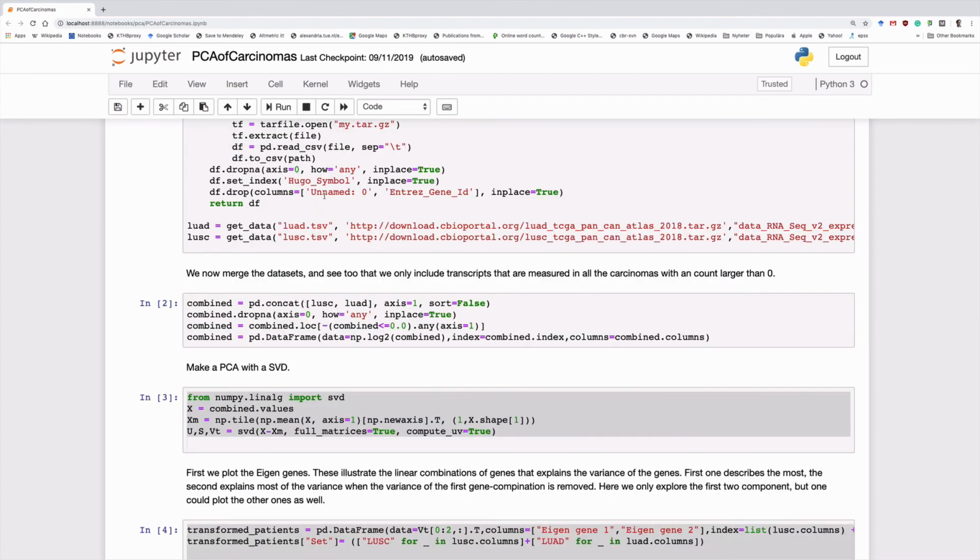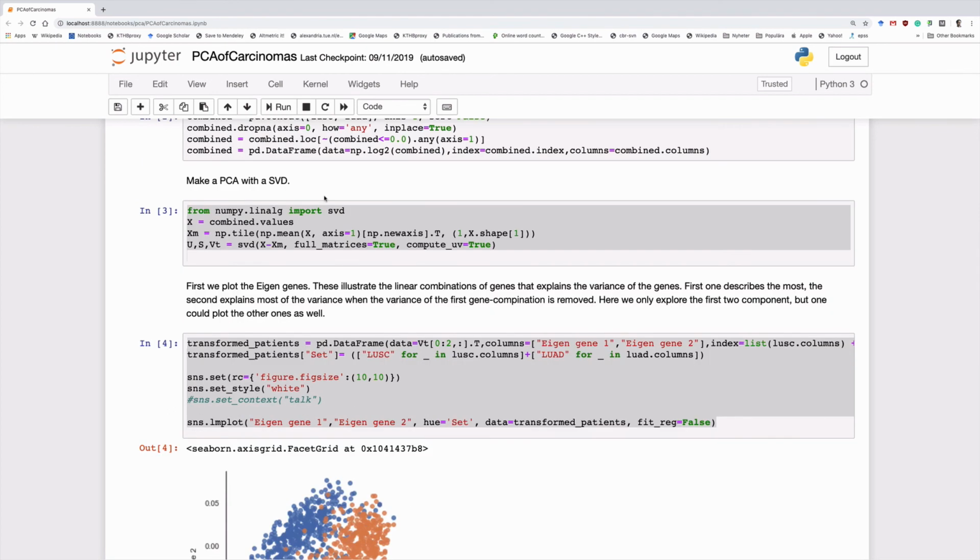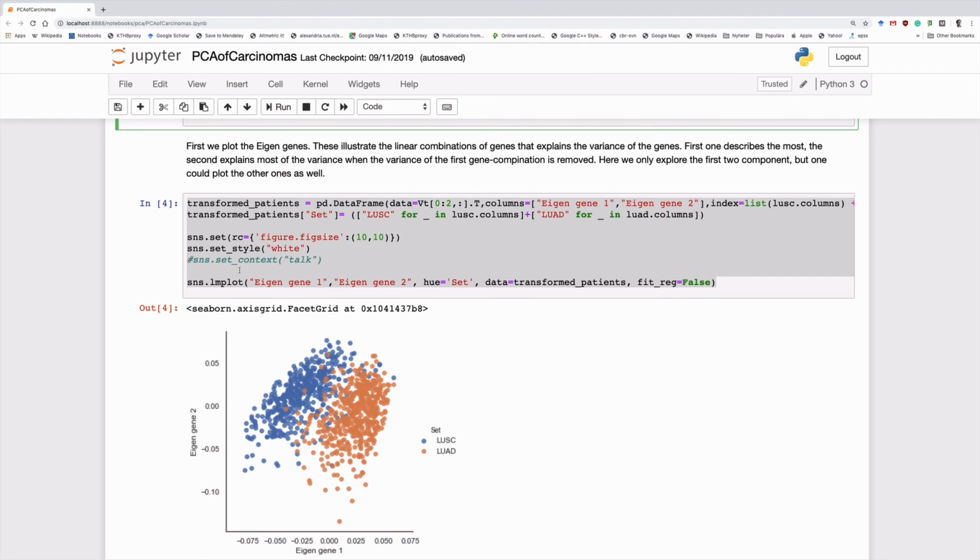If we combine this into one single data set, we can calculate the first principal components, and plot them against each other.